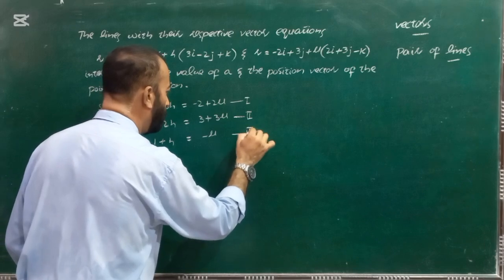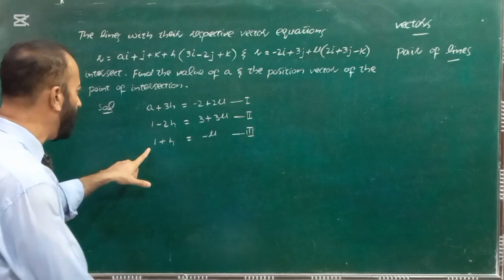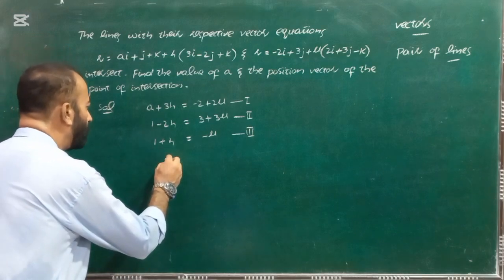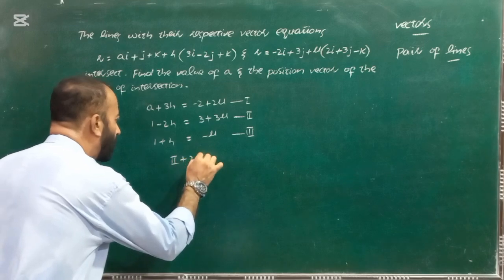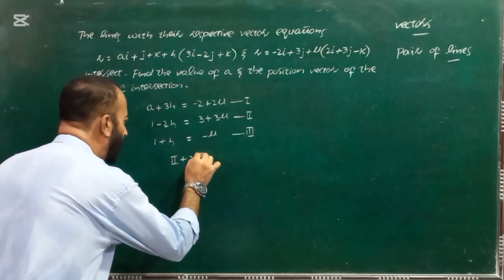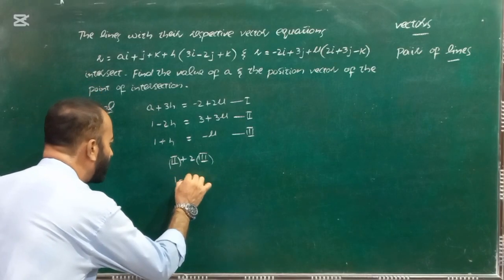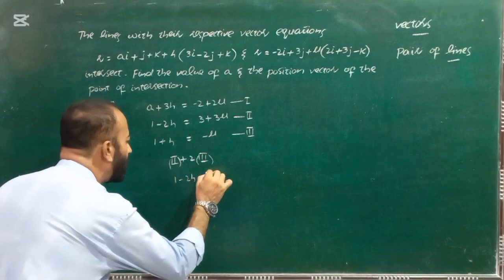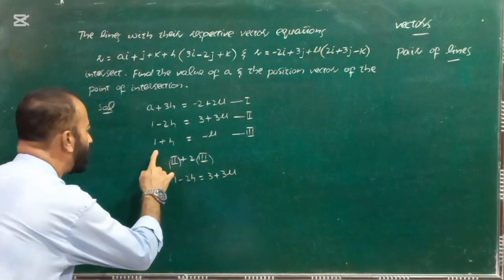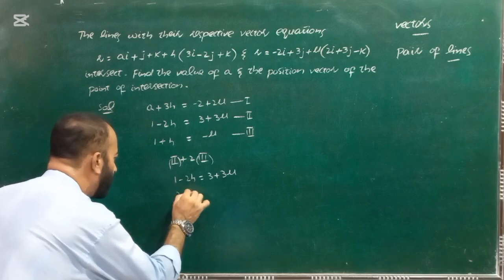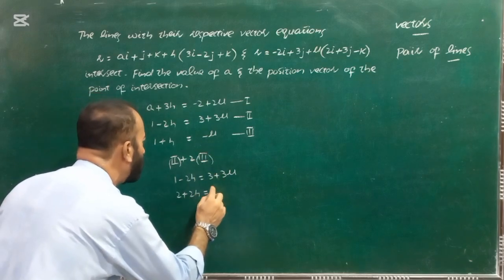Now we will use equations number 2 and 3 to find the values of lambda and mu. So 1 minus 2 lambda is equal to 3 plus 3 mu, and equation 3 times 2 gives 2 plus 2 lambda is equal to minus 2 mu.